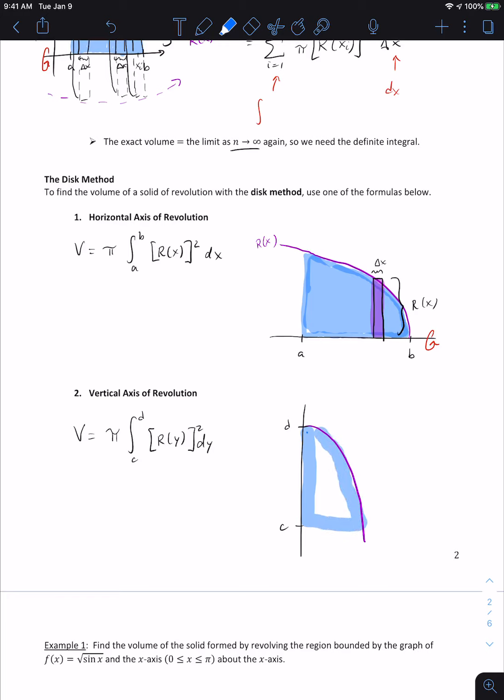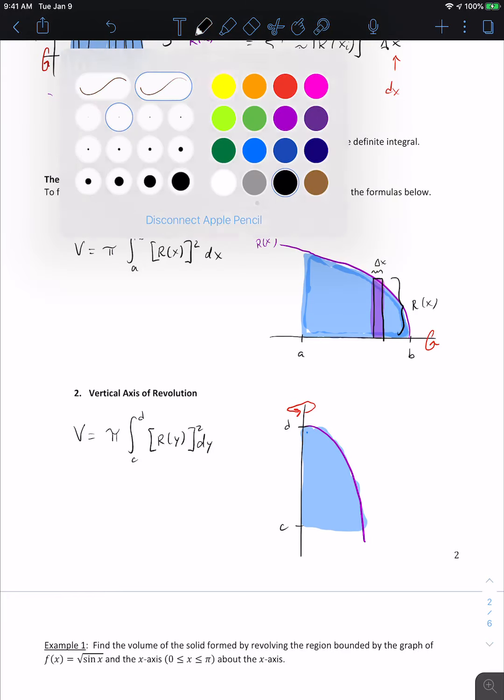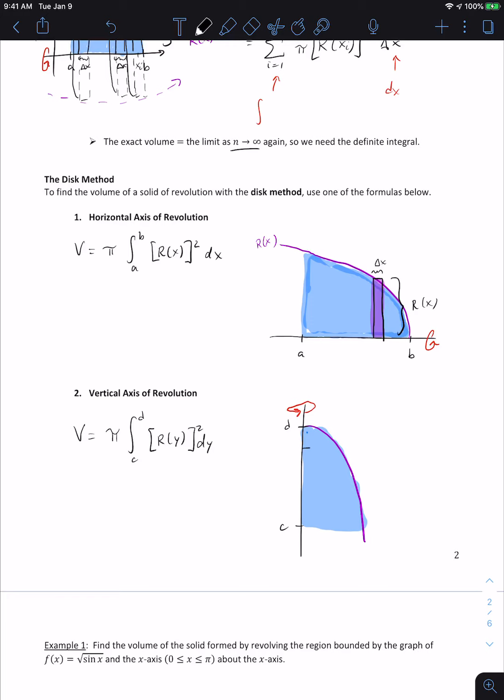We're going to take this area and revolve it around a vertical axis of revolution. So when we do that, our rectangles that we get look like this.